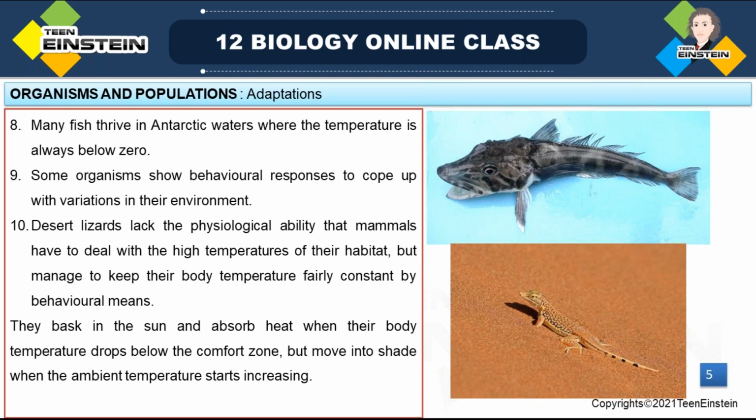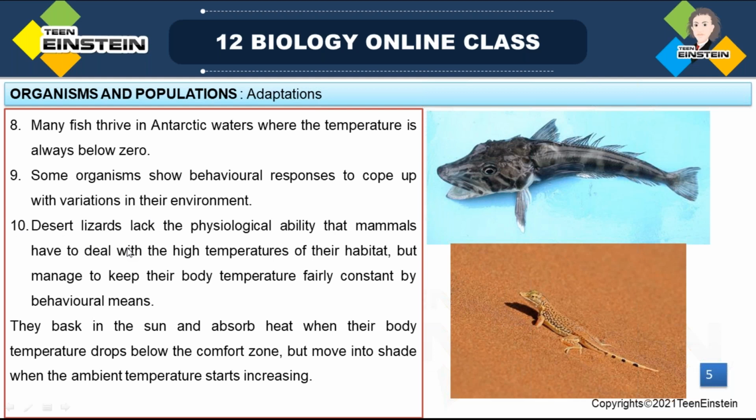Even so, these organisms are able to survive that pressure, which is called crushing pressure. They have a special kind of adaptation to adjust with that.